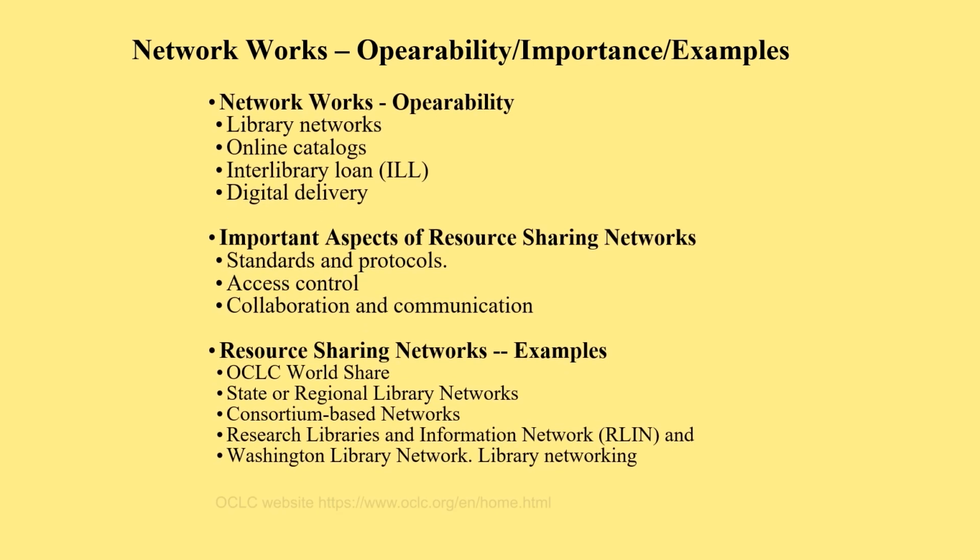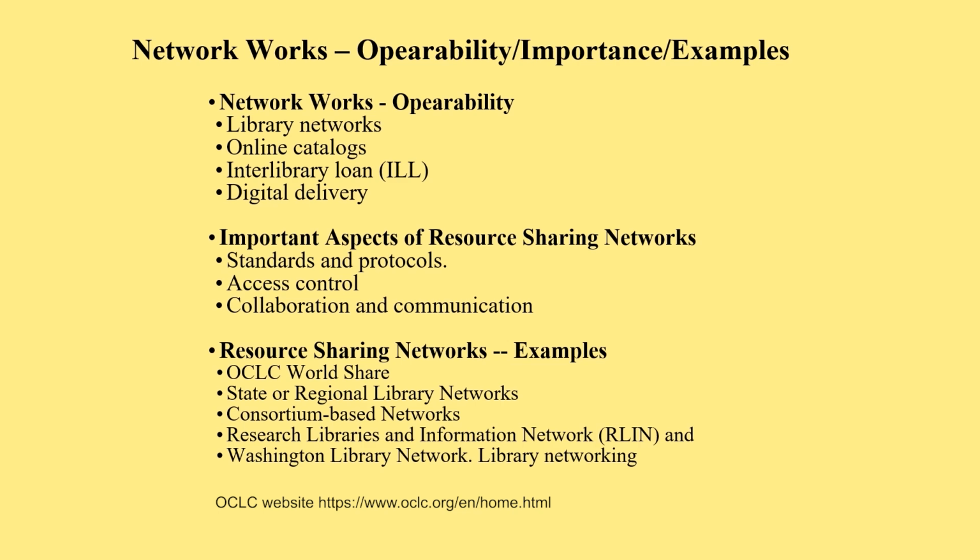Network operability. Libraries join together to form a network, often through a consortium or a cooperative agreement. Online catalog: each library maintains a digital catalog that is accessible through the network, allowing users to search for items across multiple libraries.